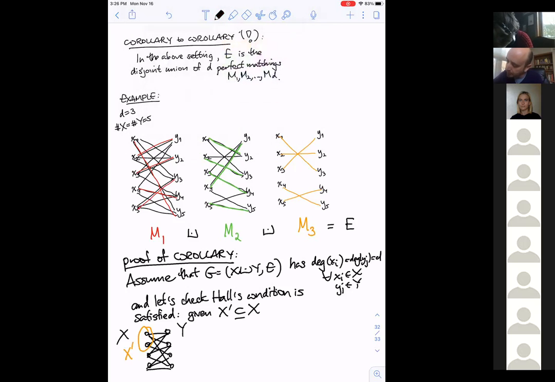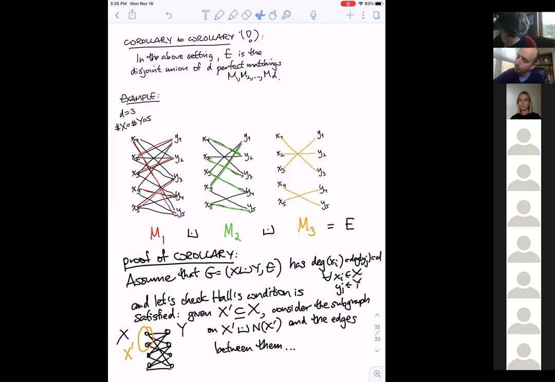So consider the subgraph on X prime disjoint union its neighbors, which are on the other side, and the edges between them. Okay, so let's take this proof and this picture over to the other page.